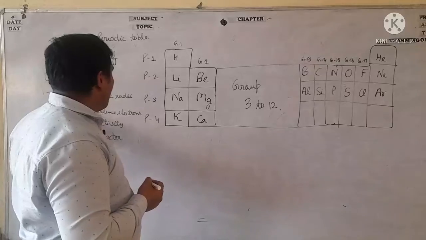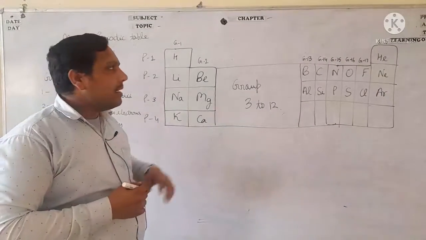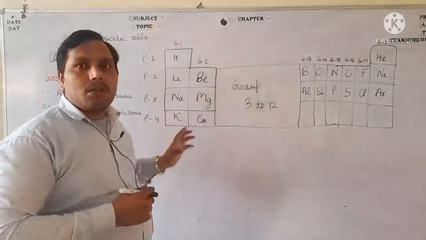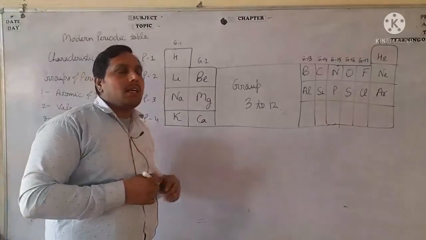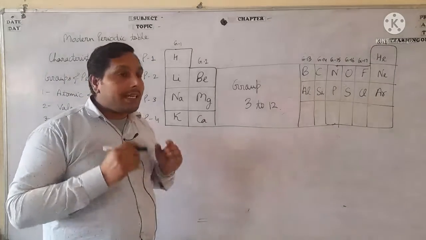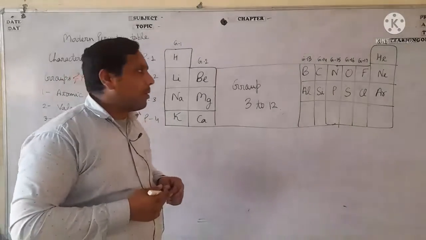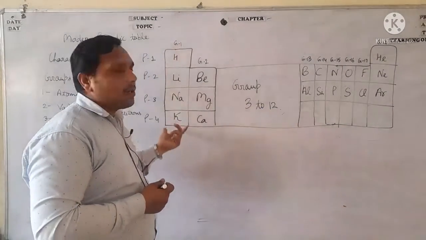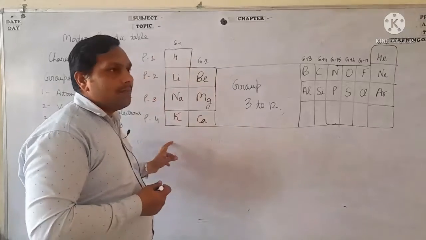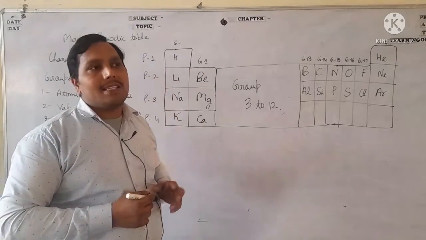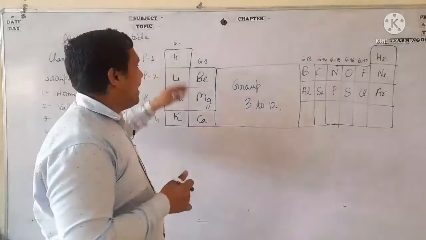Second one, dear students, valency and valence electron. Valency means the number of electrons needed to complete the octet, that is, to complete the outermost orbital. If we go in a group from top to bottom, then valency and valence electron will be the same.